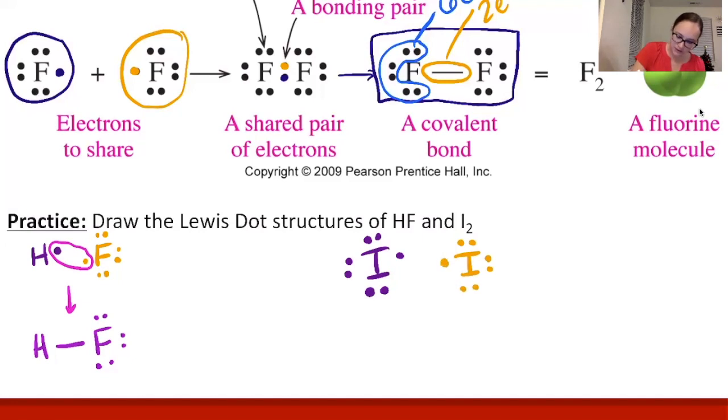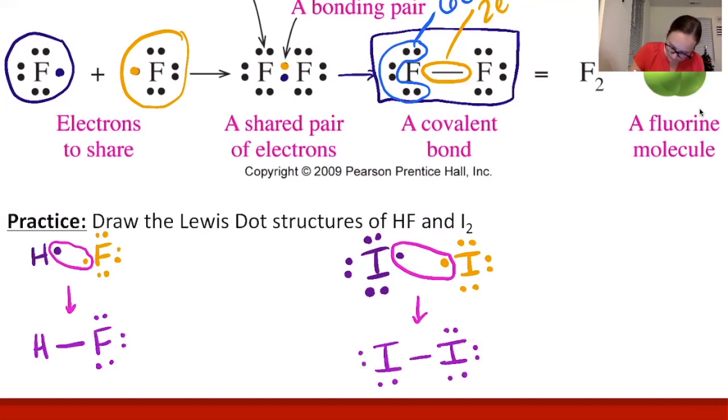And then I like to circle where the bond is going to be so that I know everything's accounted for. And then let's draw our final Lewis dot structure. So that would be our final answer.